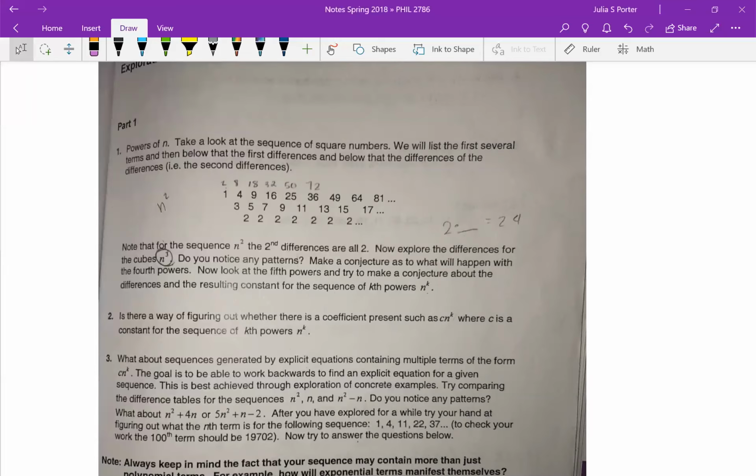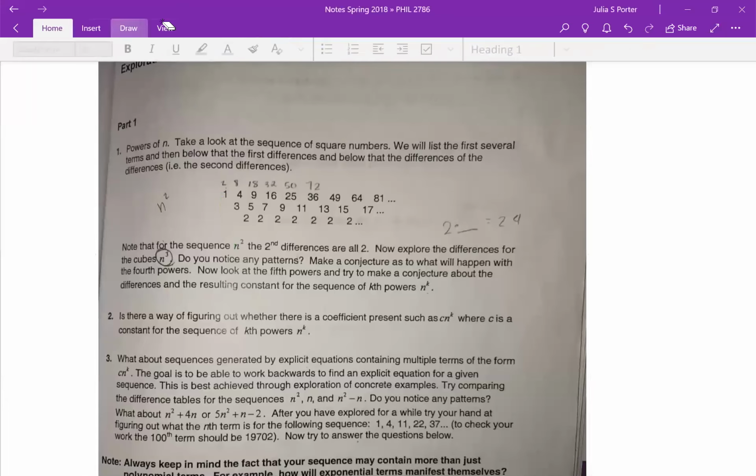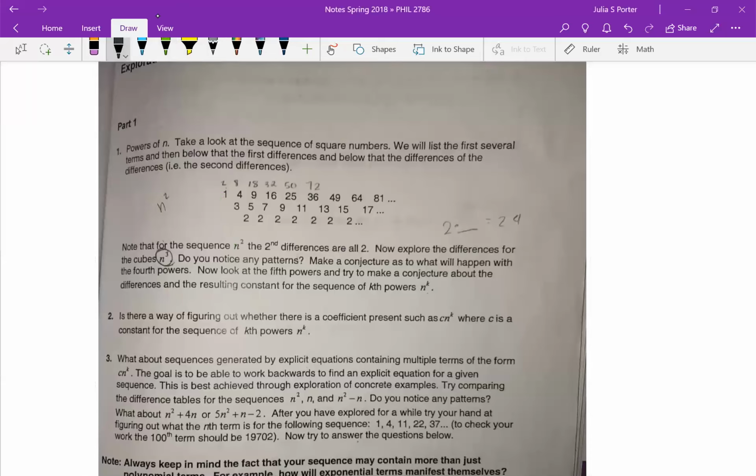So we start off with something known with n squared and n cubed, and we find that the constant differences are 2 and 6. And then we went on to find n to the 4, which has a constant difference of 24.